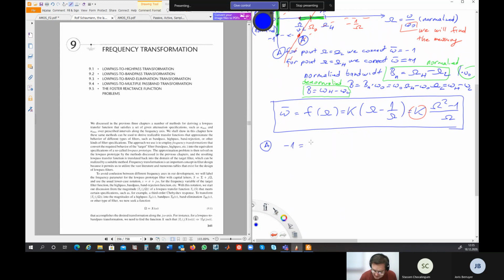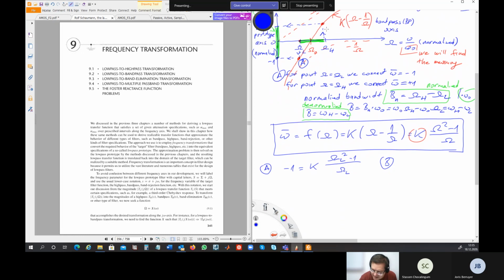Minus 1 is equal to k times omega L square minus 1 over omega L. For point B, this is another one here or here. We can write that plus 1 is equal to k times omega h square minus 1 over omega h.